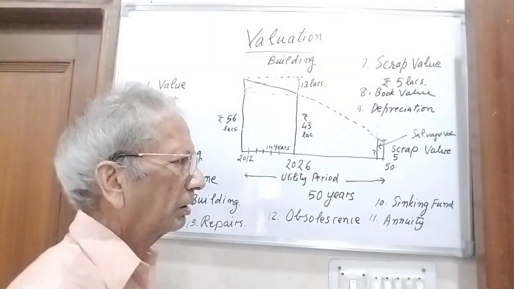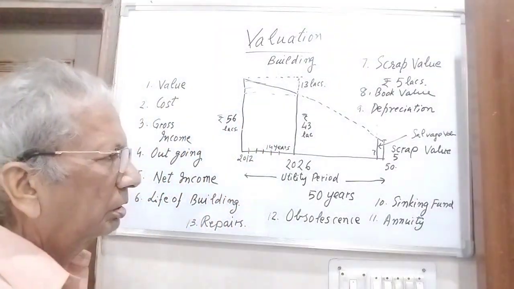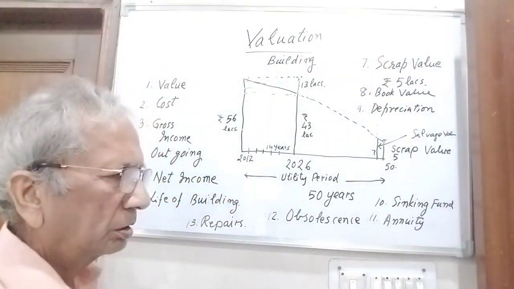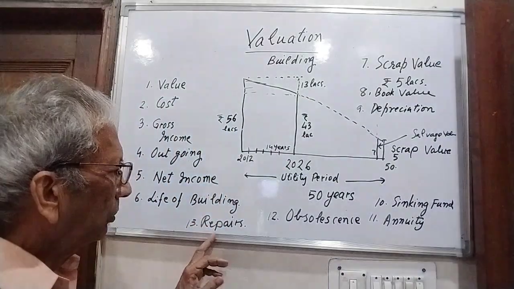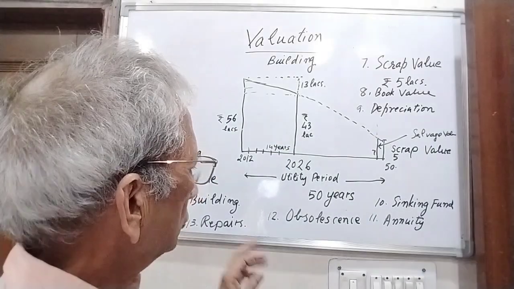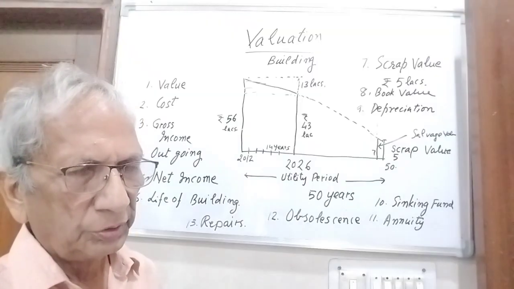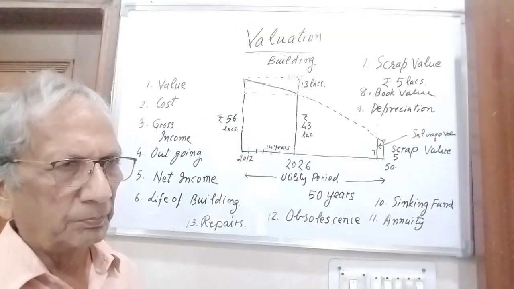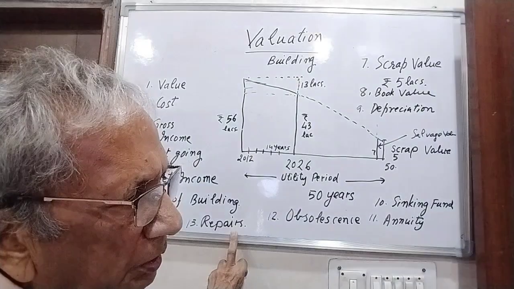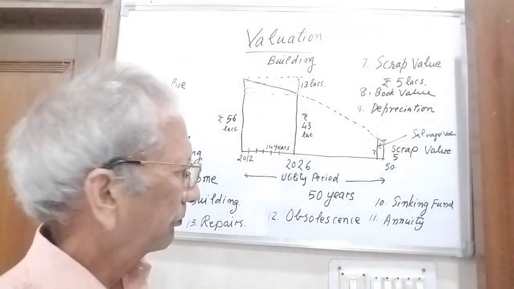Otherwise, the building will look very bad. Therefore, we will go for repairs every year. And it is approximately 10% of the income, gross income. The expenditure on the repairs will be approximate 10% of the gross income.